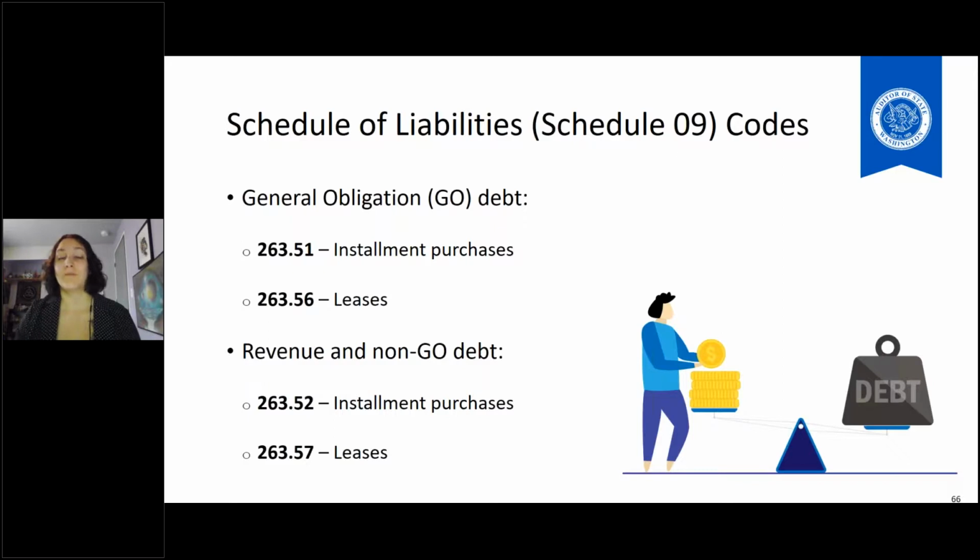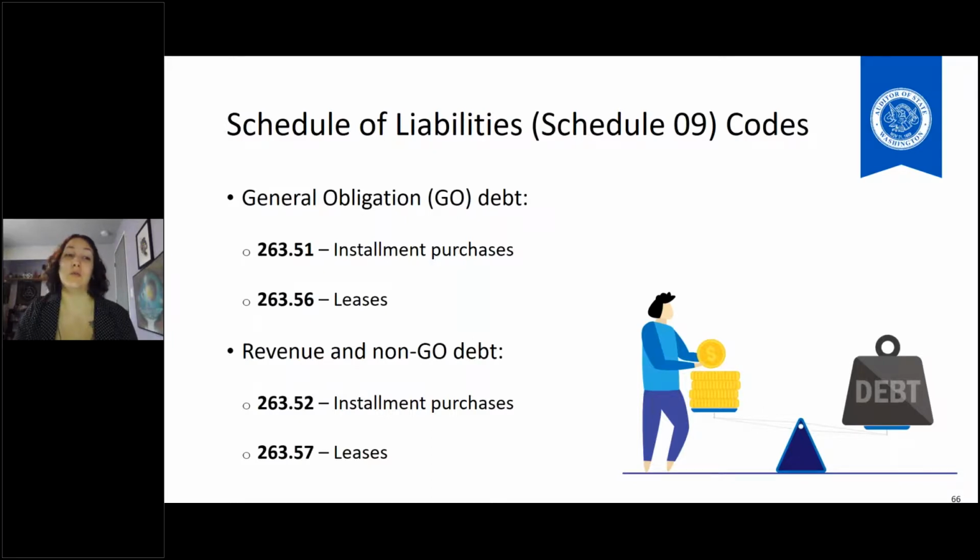We're not sure. There are so many different governments with so many different lease contracts out there that some governments may have pledged the taxing power for lease payments. So the general obligation debt codes are available for you if you pledged the taxing power of your government to make lease payments. But really, we expect most governments probably did not.